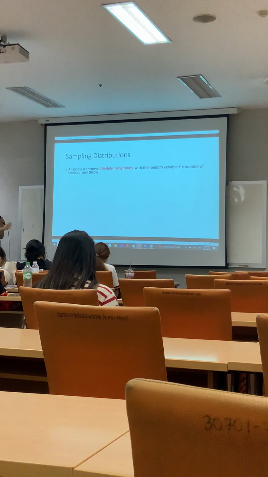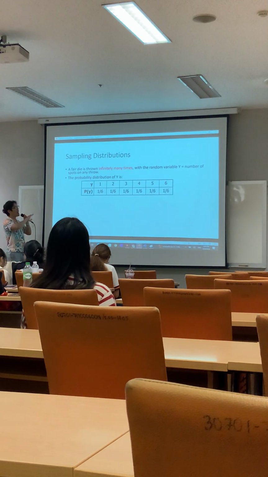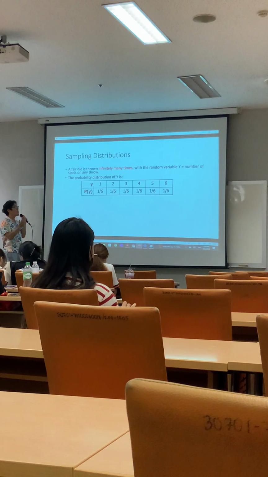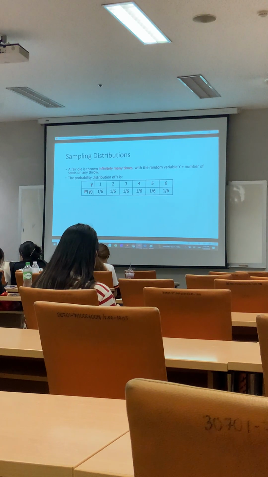This is one of the first distributions we studied. You know from the beginning that if you throw a dice, it's going to turn out 1, 2, 3, 4, 5, 6 with equal probability, 1/6.